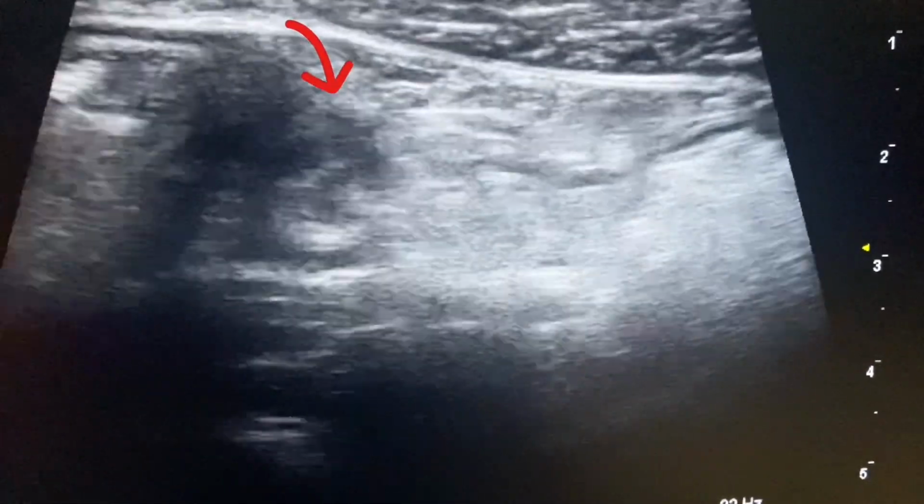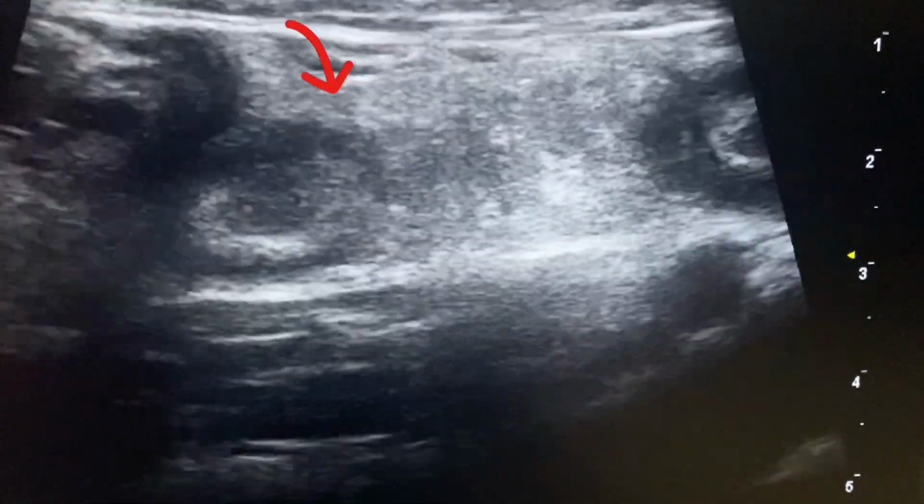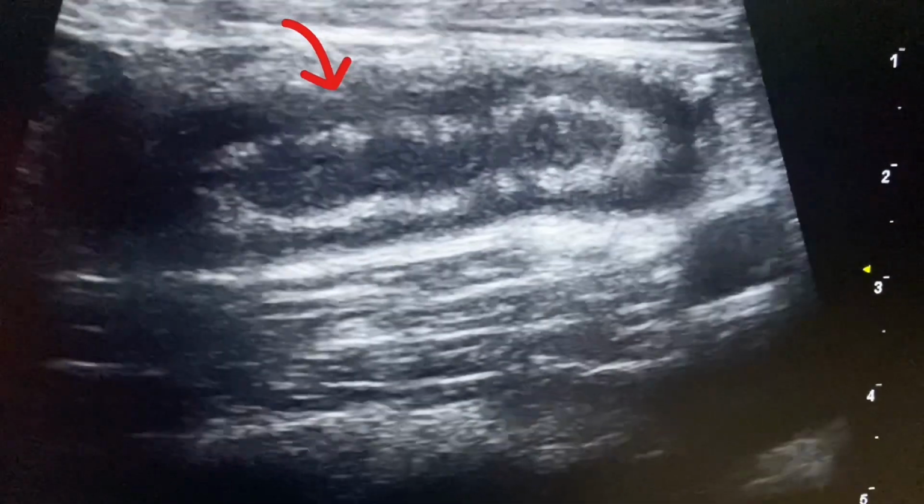Now we will scan the periappendicular region, or around the appendix, to see any collection.